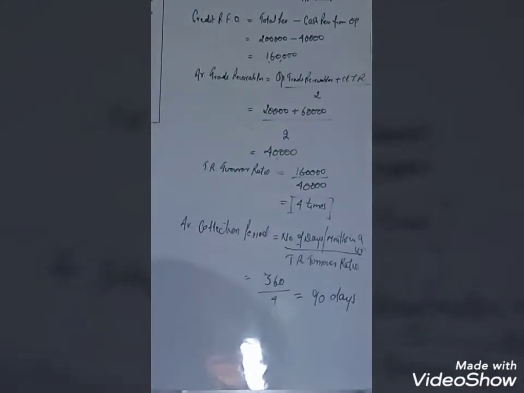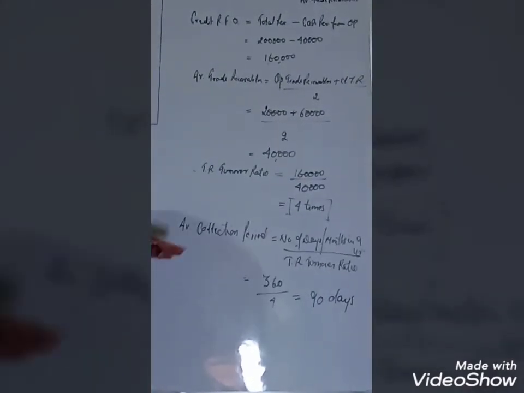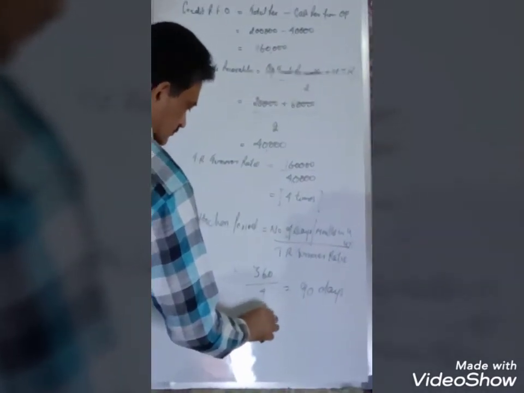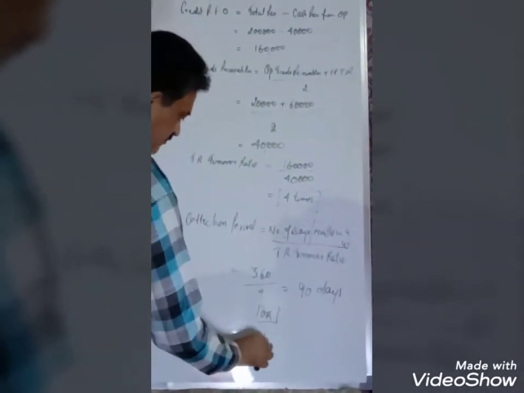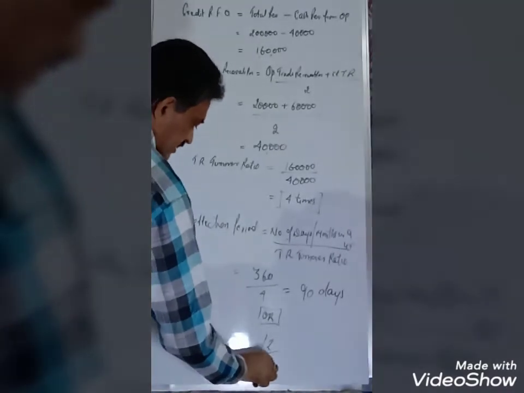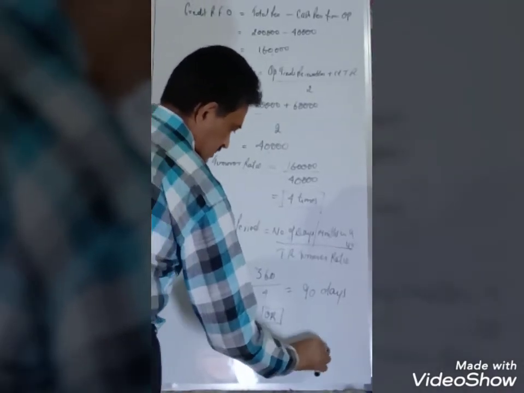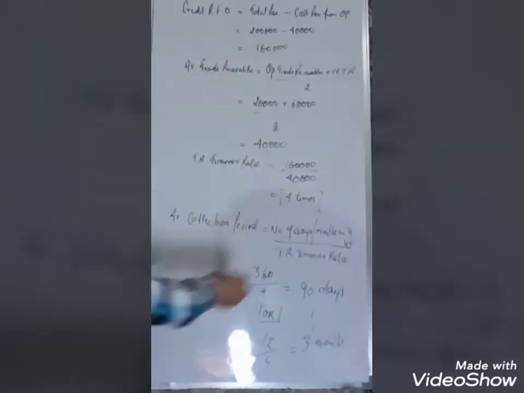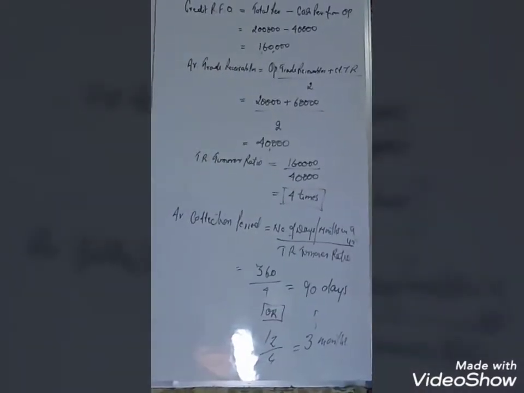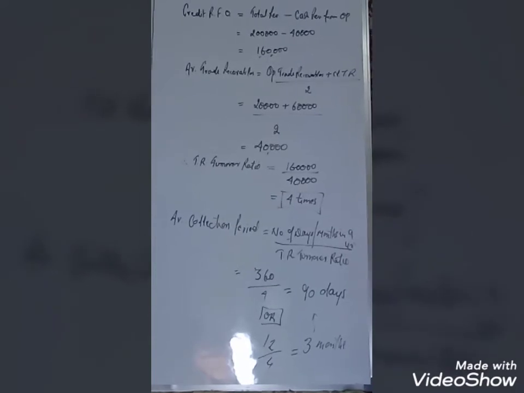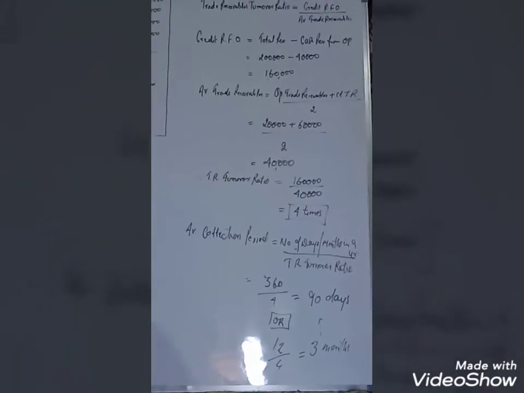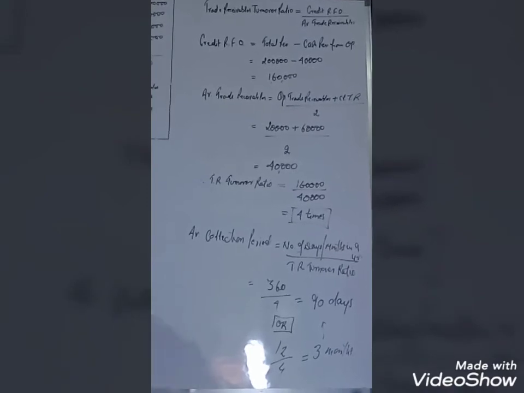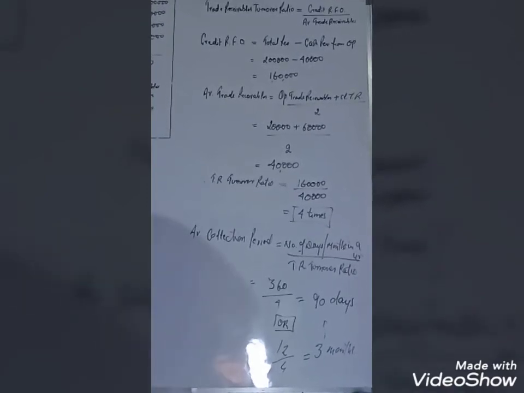This is the average collection period. If we have to calculate this in months, number of months is 12 divided by 4. This will become 3 months. 3 months are equal to 90 days. In this case, the cash is collected from debtors or receivables in 3 months time period.